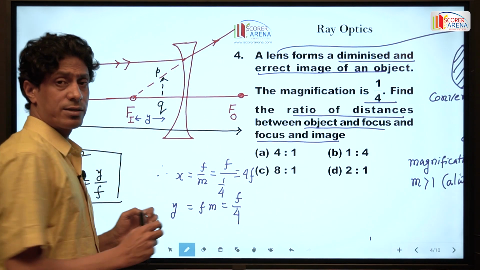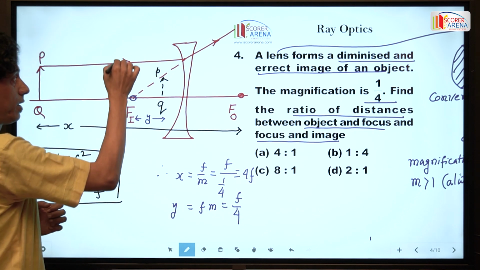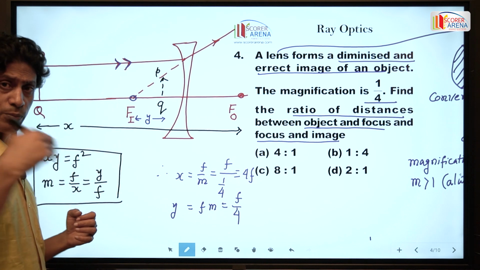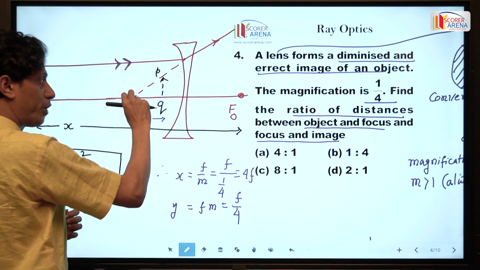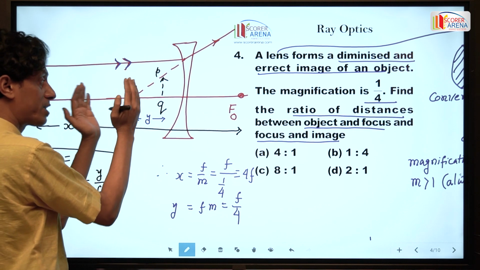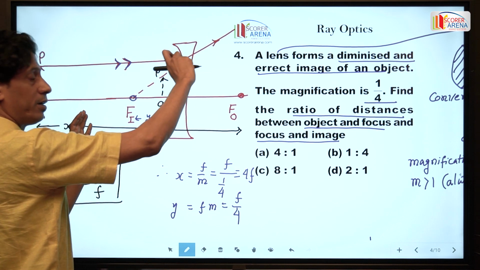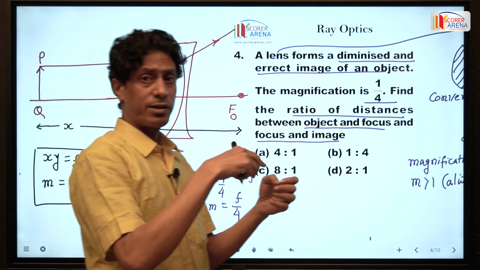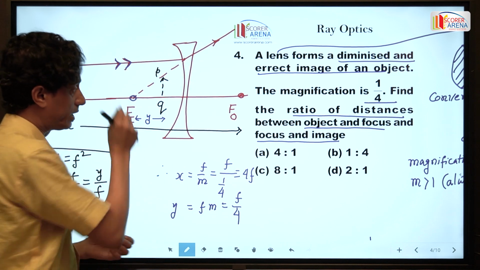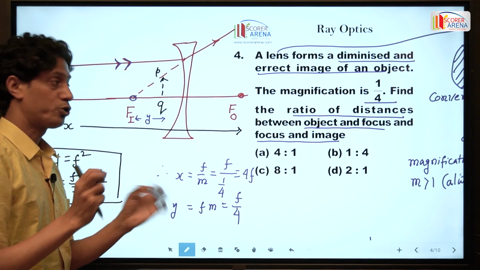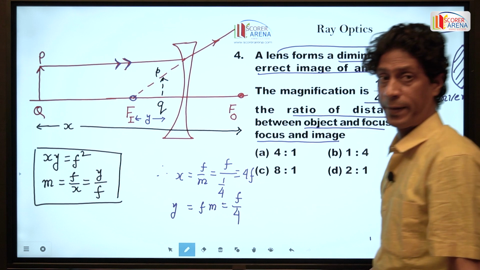Generally, the focus for any lens is taken as f suffix I, because according to the definition of focus, parallel rays after refraction either meet on the principal axis or appear to come from a point on the principal axis, and this point is known as the focus. So in this problem, focus means f suffix I.